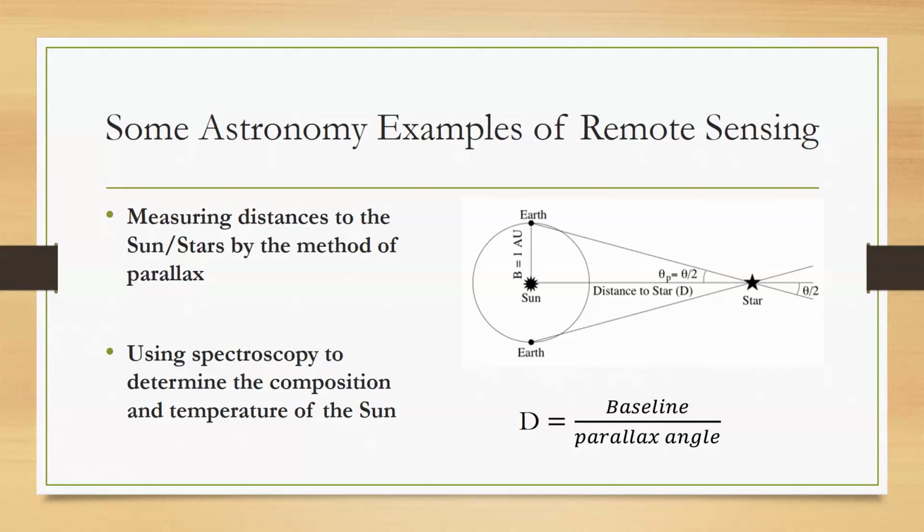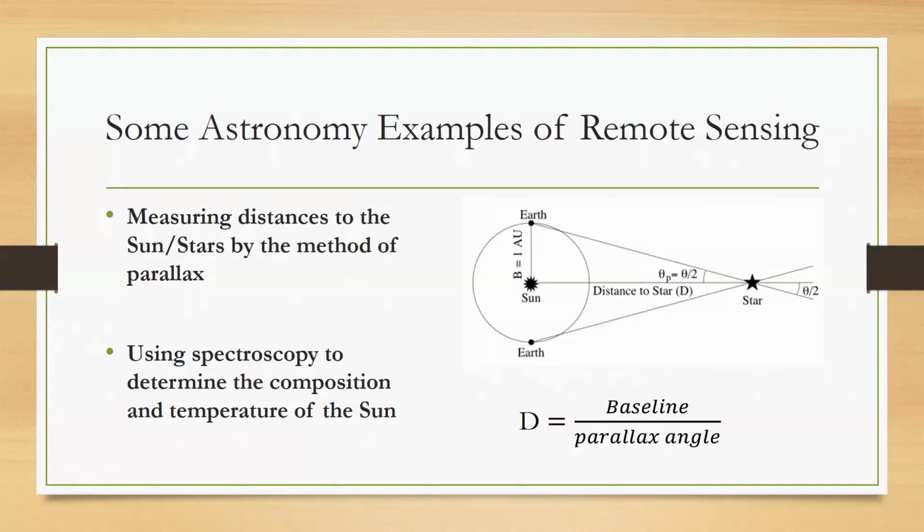by the method of parallax. Basically, we need to create a baseline, sometimes two points on Earth could form that baseline. In the case of stars, we allow the Earth to revolve around the sun. When it goes halfway in that revolution, which takes about half a year, we create the longest baseline.